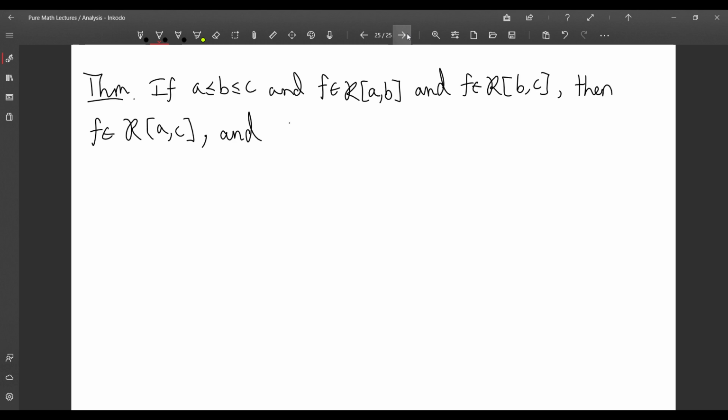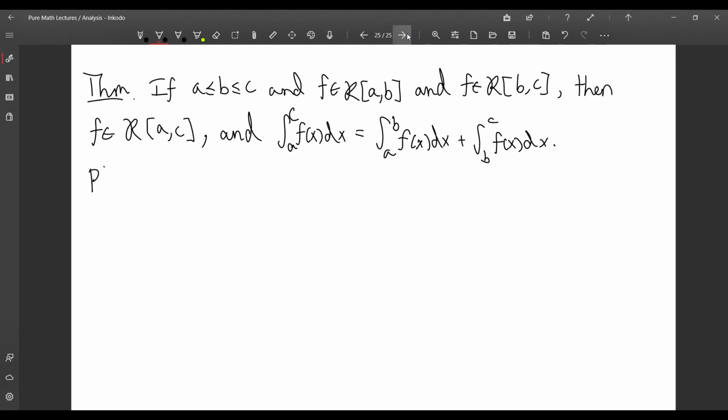And furthermore, the integral of F on AC is going to be the sum of the integrals of F on AB and on BC.